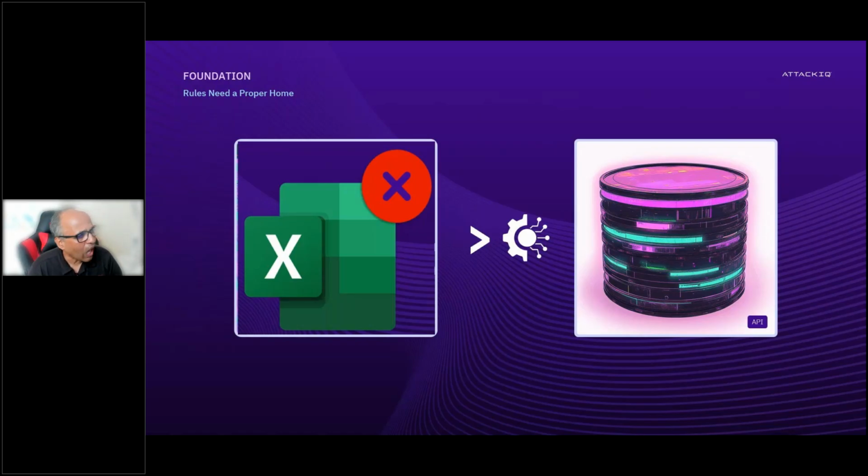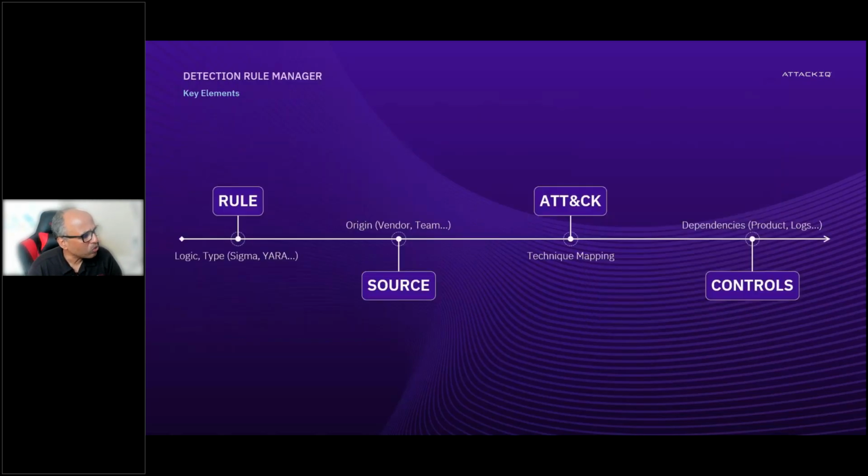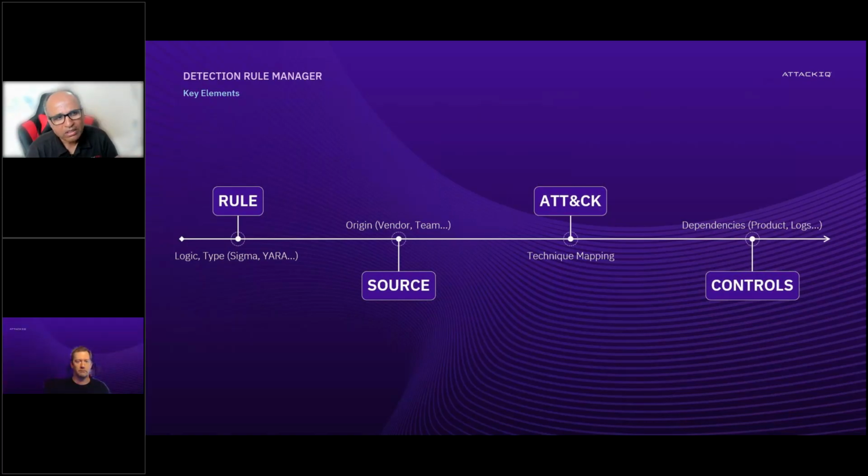What does this service host? It will house the obvious things like your rules of different types. Those Sigma rules, those Yara, Snort, their source of origin, which vendor you got these rules from, which GitHub repository or community you got them from, or which internal team.